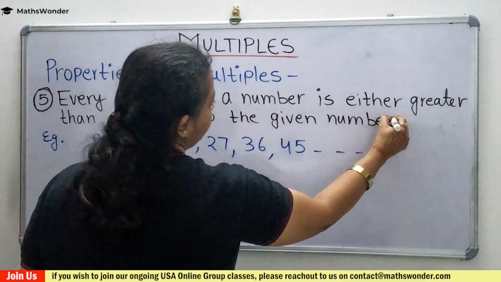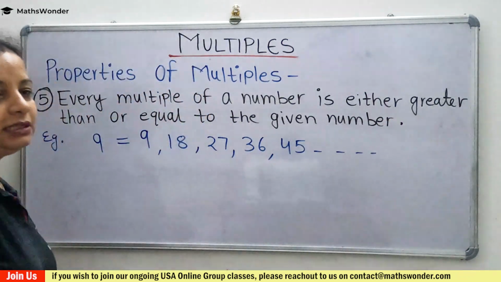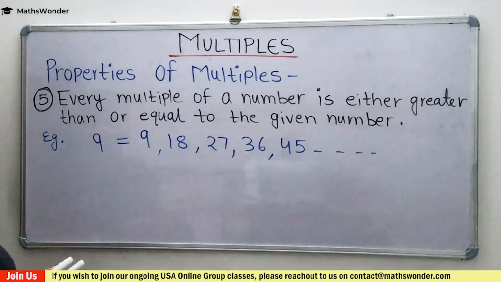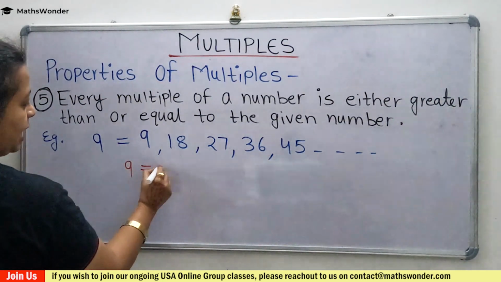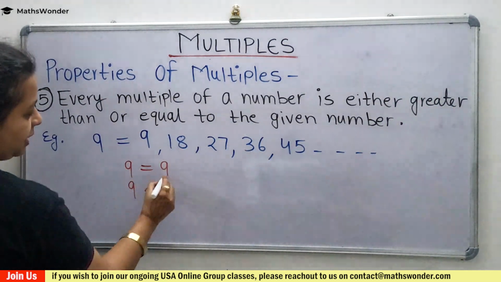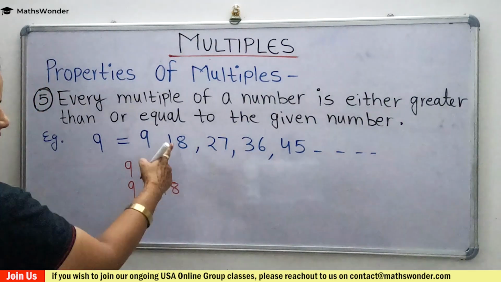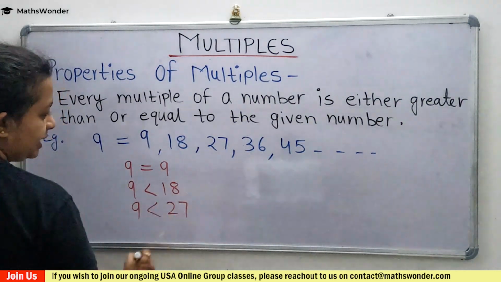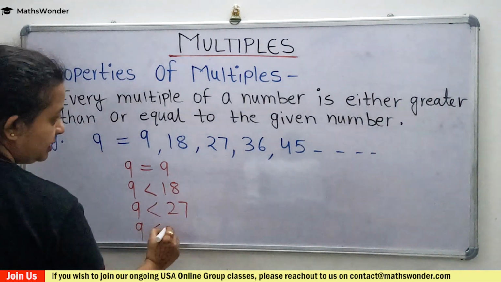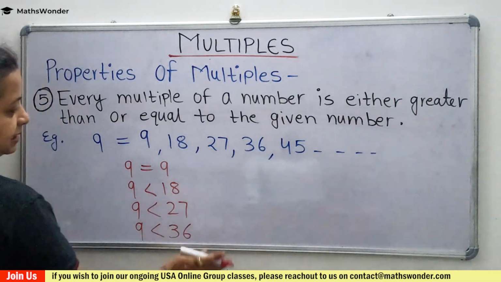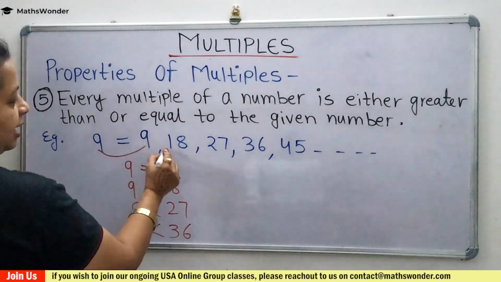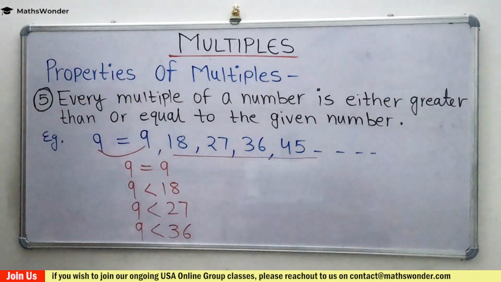In factors, what we have written? Factors are smaller or equal. In multiples, there is greater and equal. How? See, 9 is equal to 9 and every other multiple is greater. 9 is less than 18 and 27 is greater than 9. 36 is greater than 9, like this, and so on. So basically, 9 is equal to 9 and the others are greater than 9.